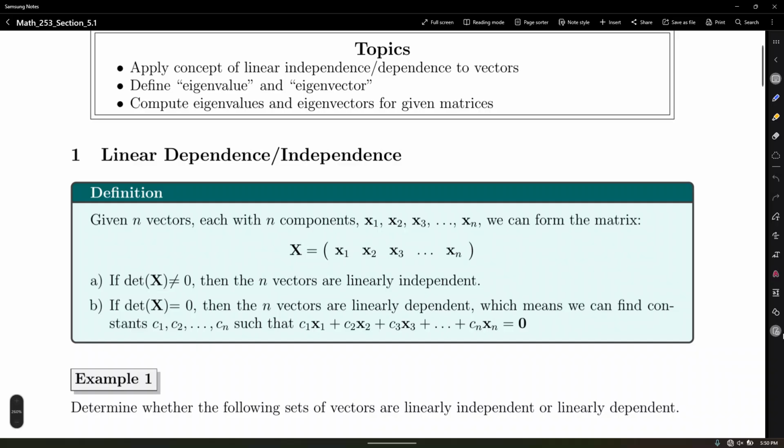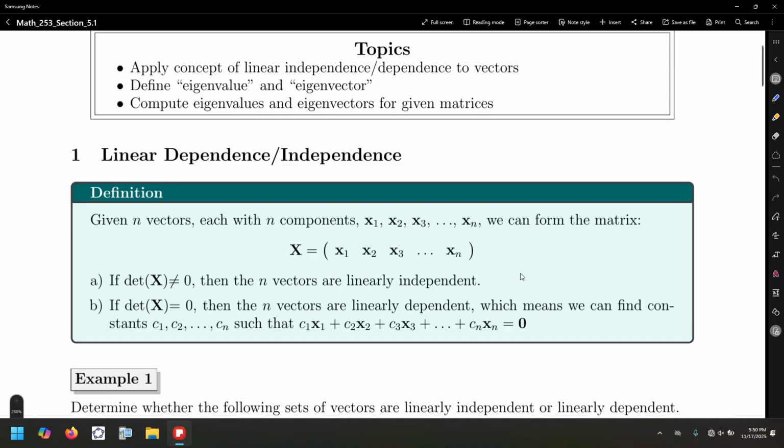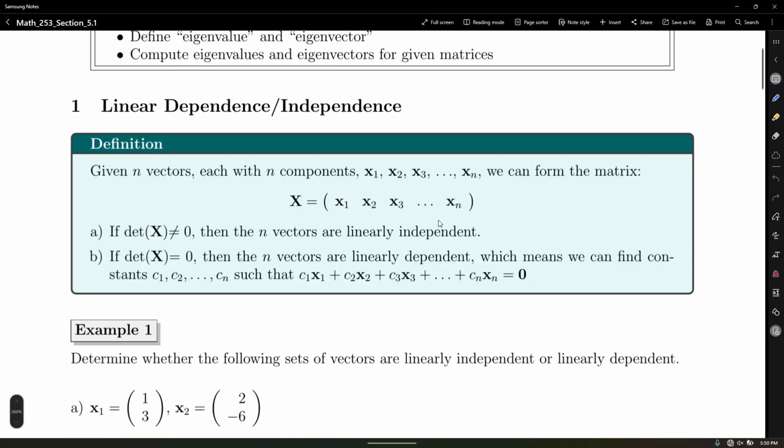Okay, guys. What we're going to do should look familiar from chapter two in higher order differential equations, except that we're no longer talking about functions being linearly dependent or independent, but rather vectors. So we're given a collection of n vectors with n components. Denote those vectors x1, x2, x3, dot dot dot, xn.